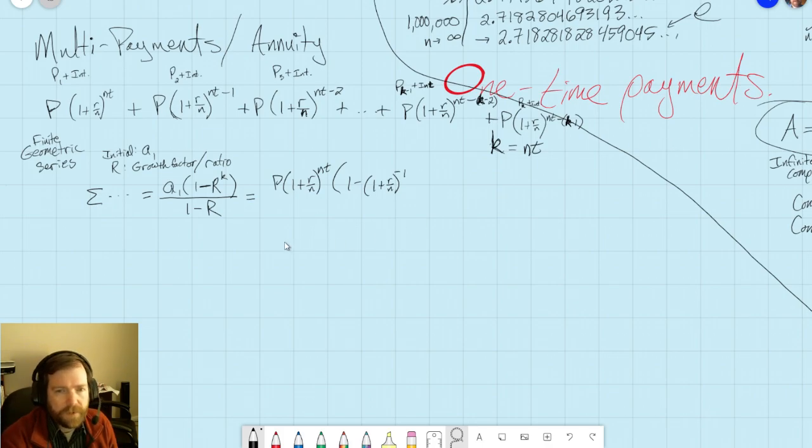Okay. So this is going to be, again, this thing raised to the NT, all over 1 minus R, again, is 1 plus R over N to the negative first.